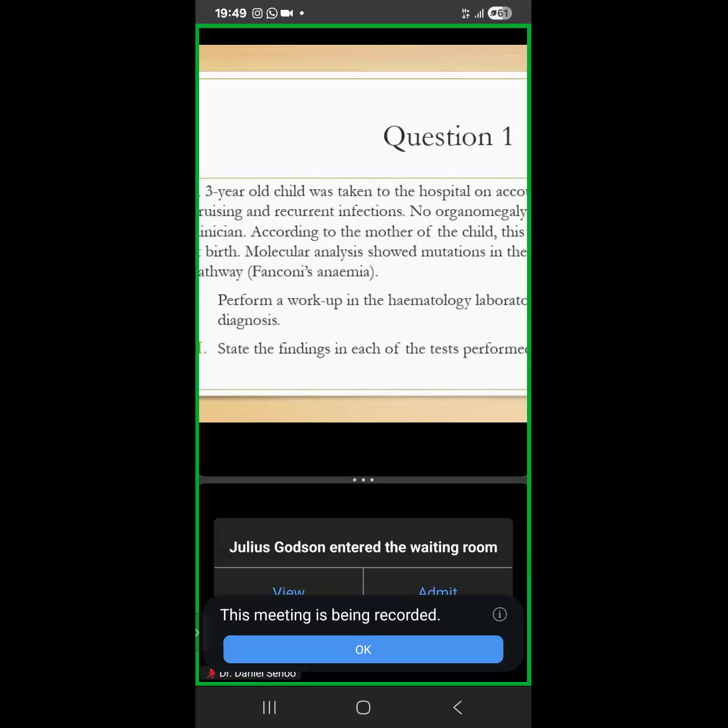Please read the first sentence: hospital on account of anemia, easy bruising, recurrent infections.